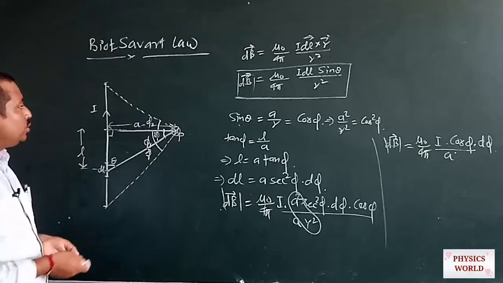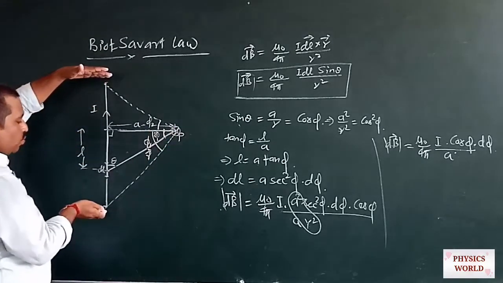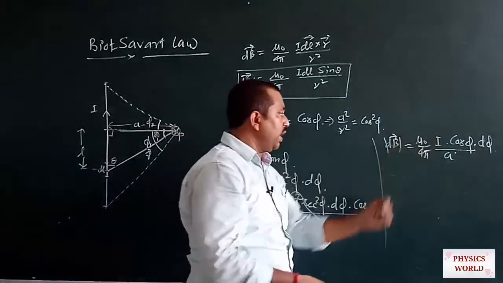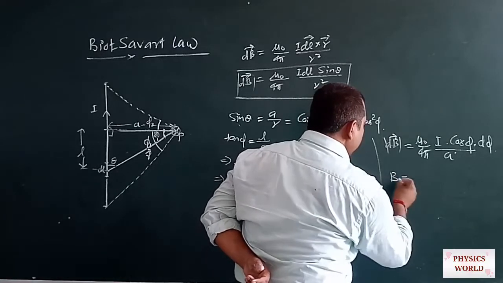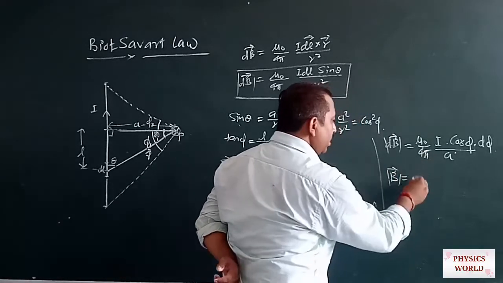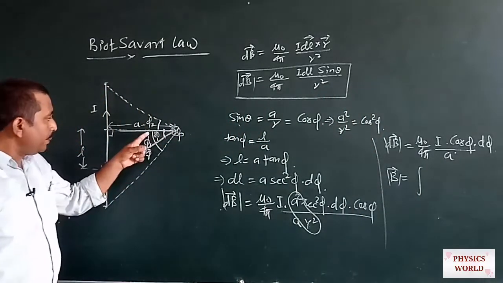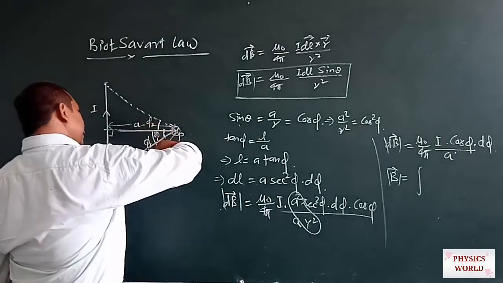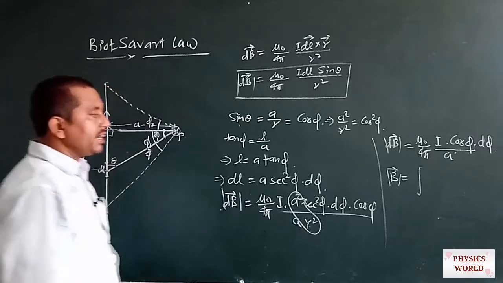If we want to find the total magnetic field at this point due to this wire, then we have to integrate with respect to phi. Then the total magnetic field at point P will be equal to the integration from minus phi 1 to phi 2, because when we go in the downward direction it is taken as minus, and in the upward direction as positive.